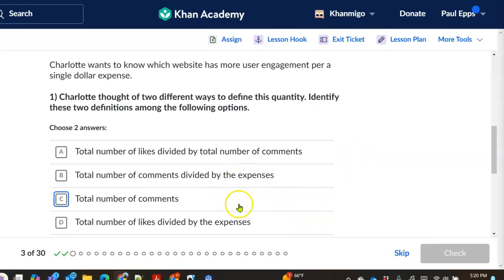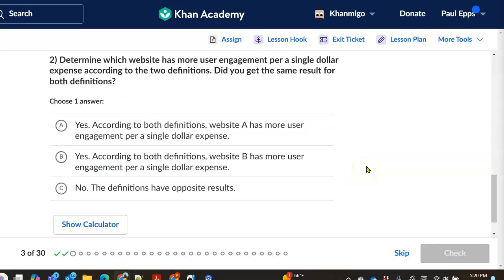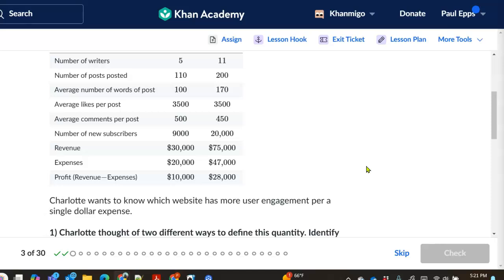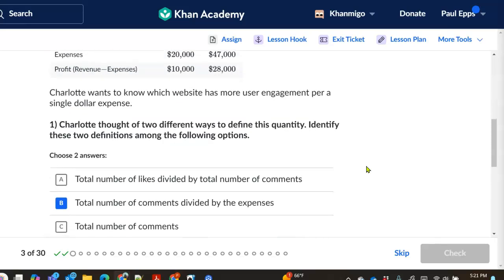So the only ones that really mention expenses are B and D. So we're going to have to go with those. Determine which website has more user engagement according to both definitions. So we've got total number of comments divided by expenses, and we've got total number of likes divided by expenses. Wait a second.